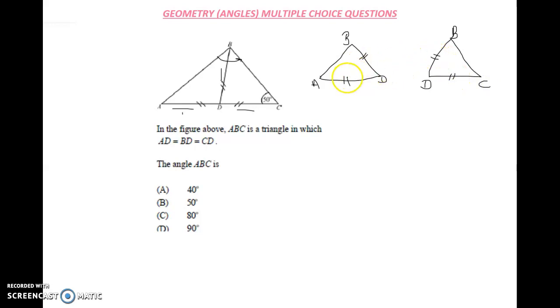Now, if you look at the two triangles, what kind of triangles are they? Let's call the first triangle 1, and this triangle 2, right? Triangle 1 is an isosceles triangle because we have two equal sides, meaning we have two equal angles as well. And this one here, I forgot to put in the angle 50, they gave us that.